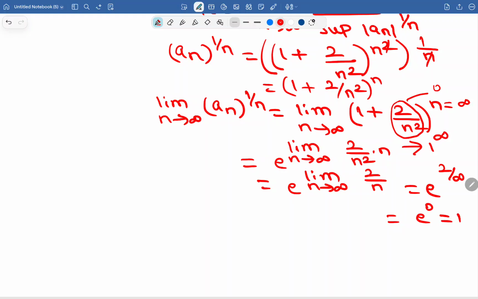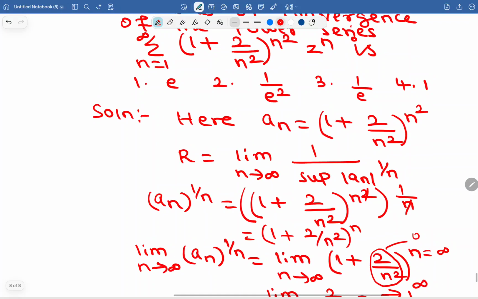Answer is 1. Therefore, R, which is equivalent to 1. For this problem, fourth one is the correct one.